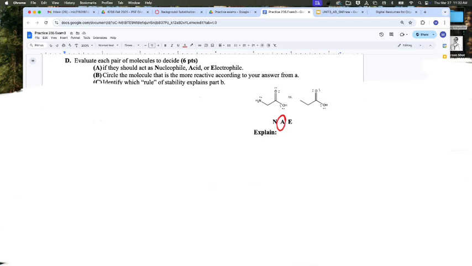Okay? We want to identify the thing that's acting as an acid. What's the thing that's acting as an acid? That hydrogen at the end. Okay? To evaluate acid strength, just like we do with all the others, what we want to move through is looking at comparisons between charge, size, electronegativity, resonance, induction. In the previous two examples, we looked at nucleophiles or electrophiles.